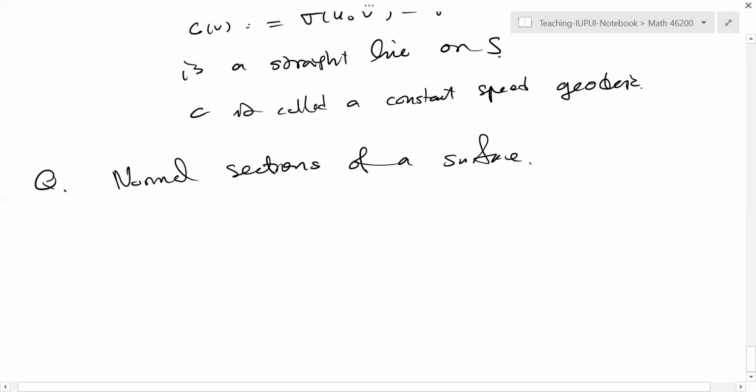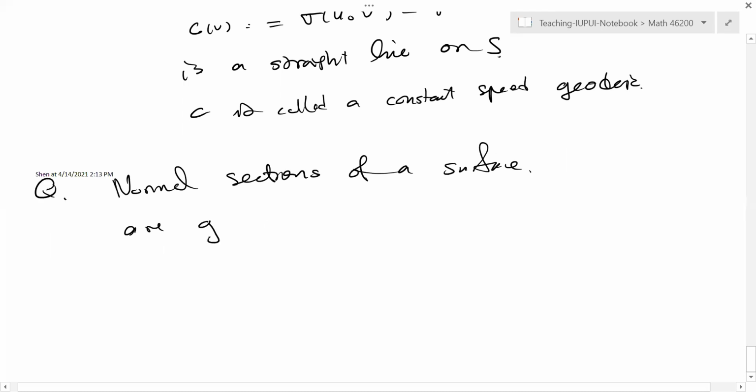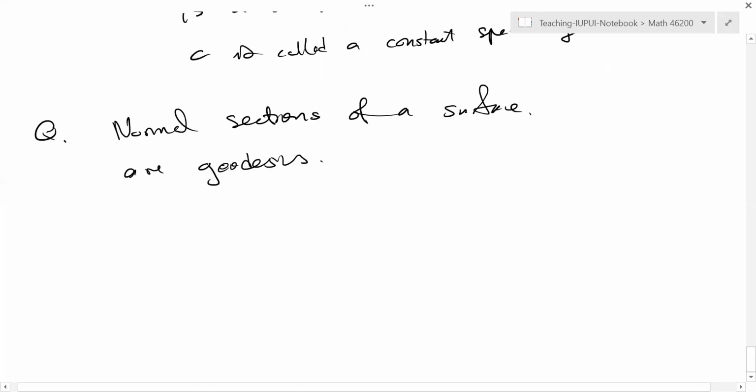By definition, a normal section is going to be the intersection.